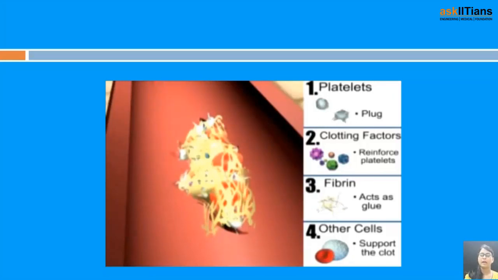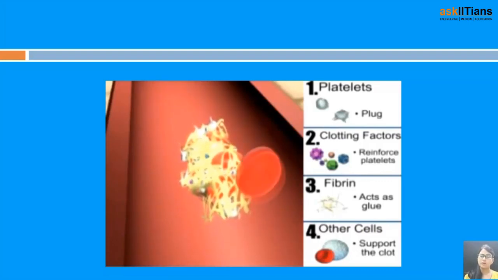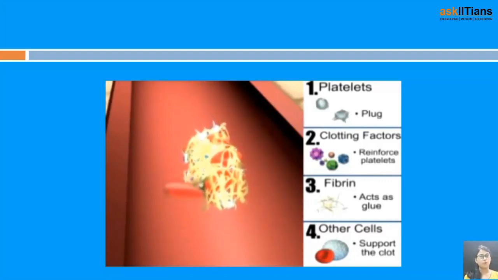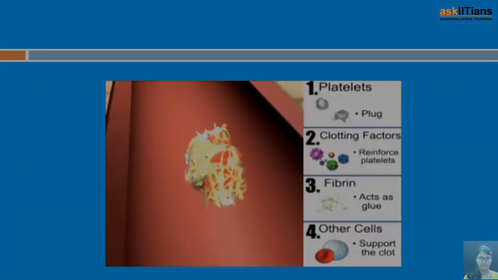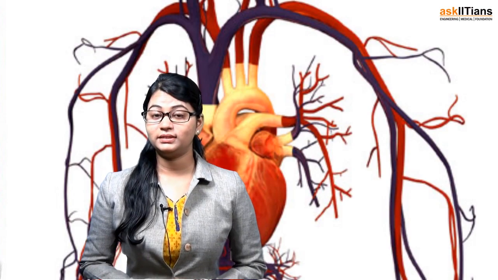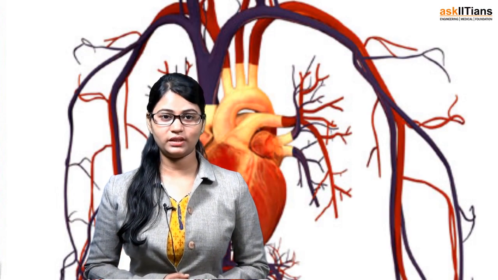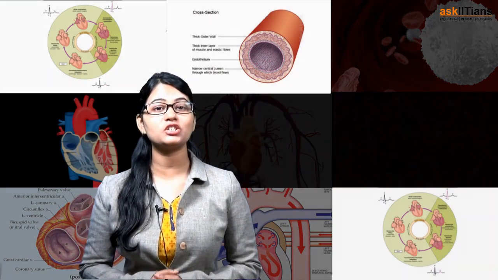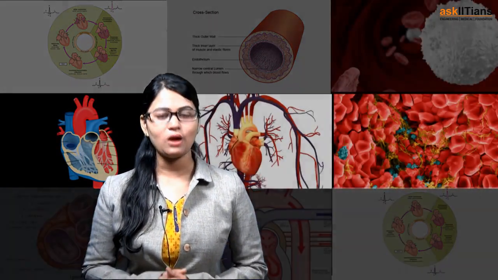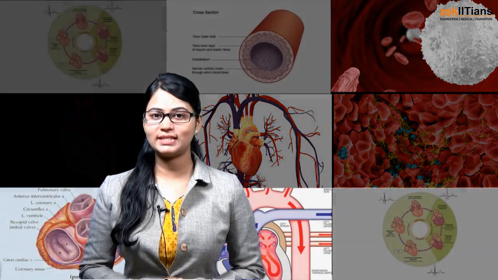It then quickly becomes stronger and starts to pull the edges of the hole in the blood vessel together. After the clot is formed, it stays in the hole until the tissue is repaired. When the clot is no longer needed, your body dissolves it. So students, we have understood the concept of coagulation of blood, also known as hemostasis.